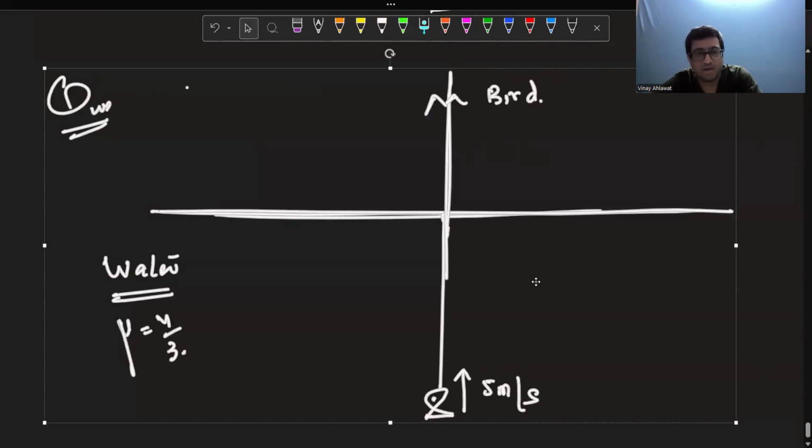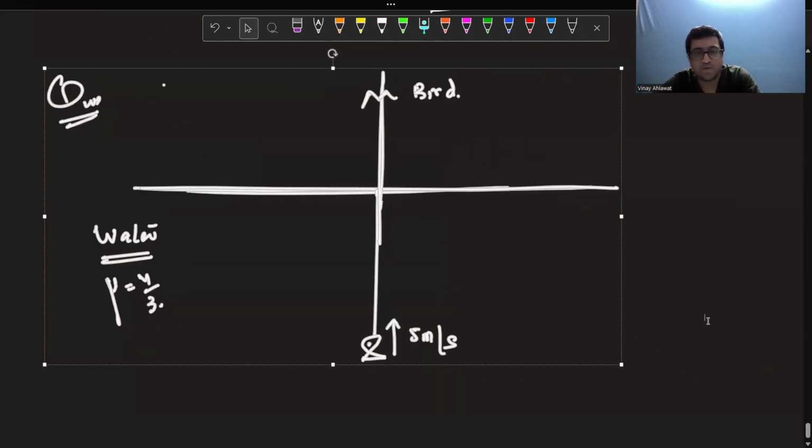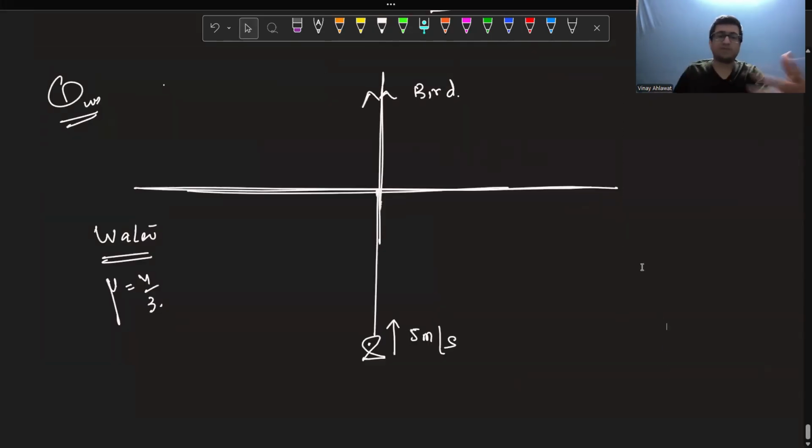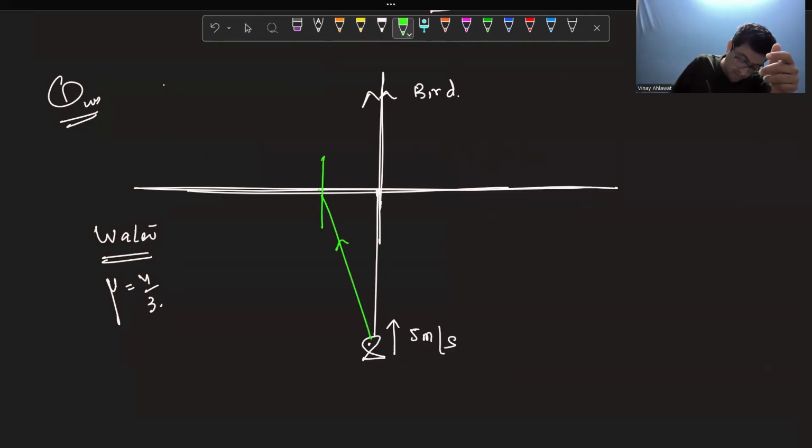Let's break it into 2-3 questions. One part of the question is like this: what is the velocity of fish as seen by the bird? So rays go like this, away from normal, and this is where the fish appears to be. This is apparent depth, x.